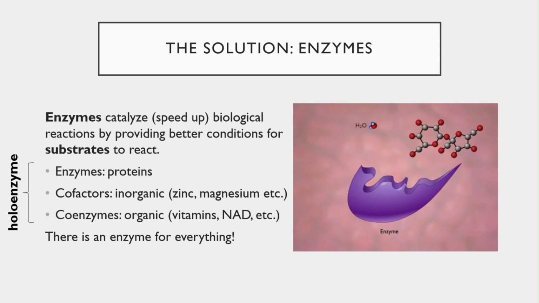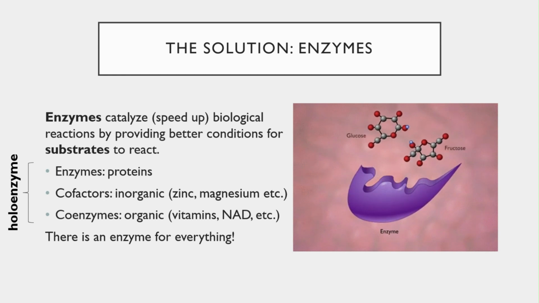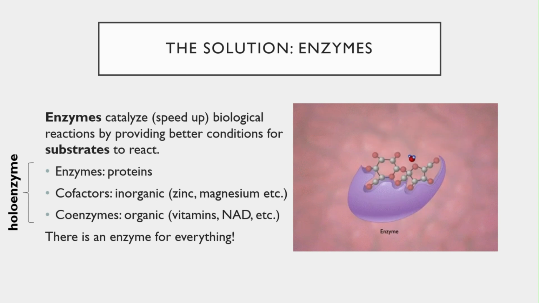So this enzyme right here probably has the sole task of only breaking up a sucrose molecule into a fructose and a glucose. This would be an example of catabolism, and energy is maybe released from this reaction.